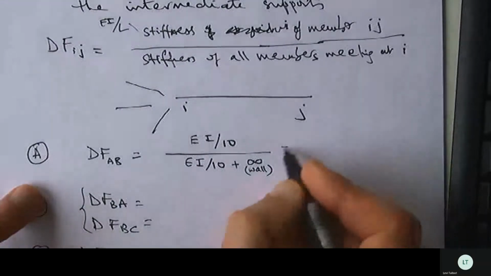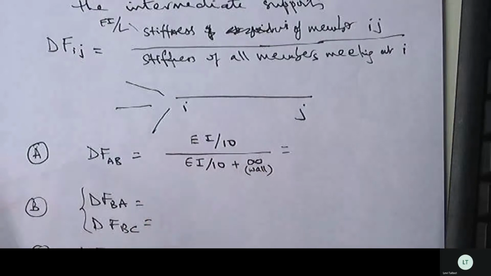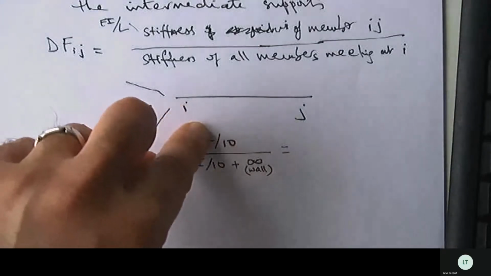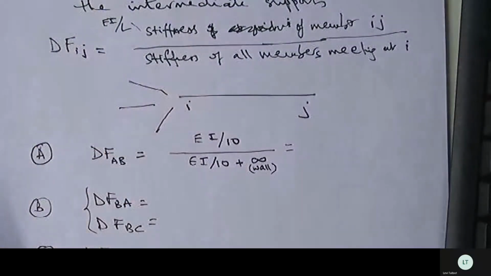Now, if you divide something by something very large, what do you get? If you divide by infinity, what do you get? Do you agree? 0. If you divide by a very, very large number, you get 0.